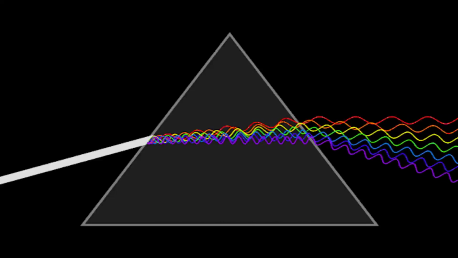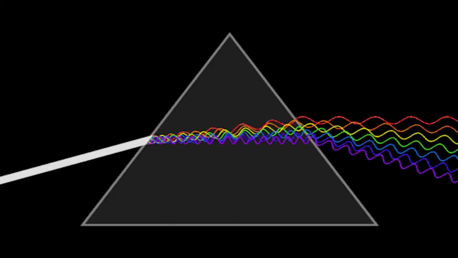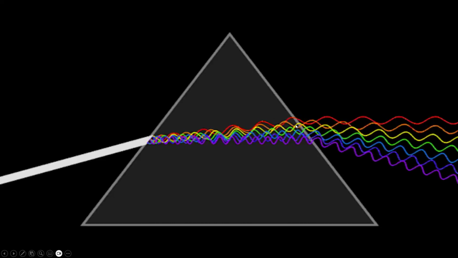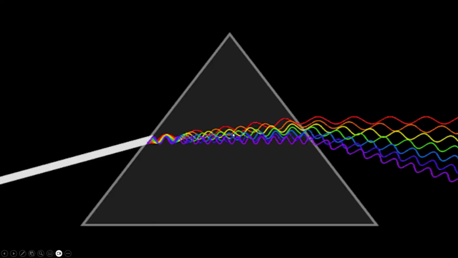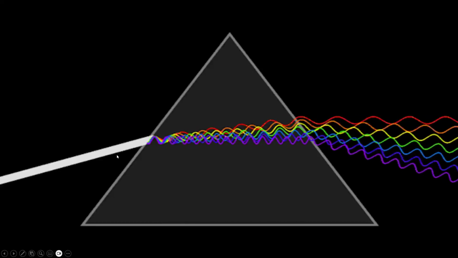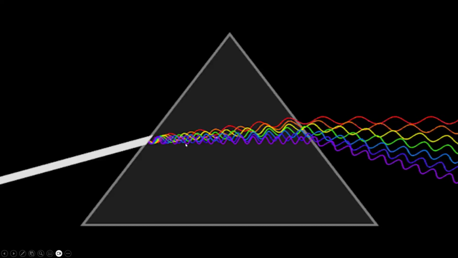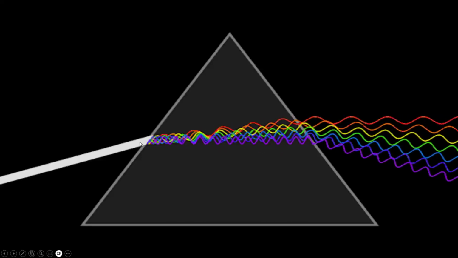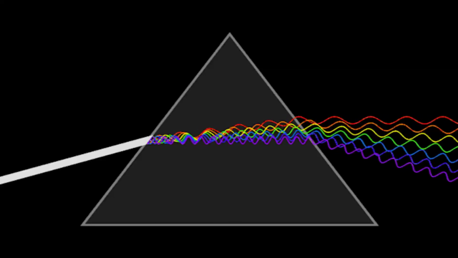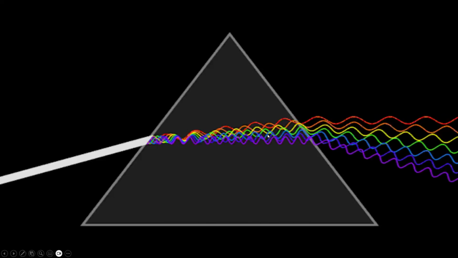Never mind for now which are higher frequencies and which are lower. Which colors are affected more or less? Which means when you pass the light through the interface, the direction of travel of those frequencies or colors is going to bend. Some of them are going to bend more and some are going to bend less.